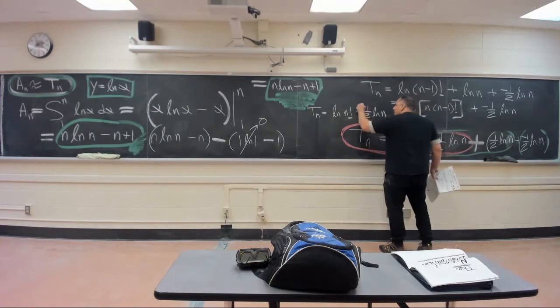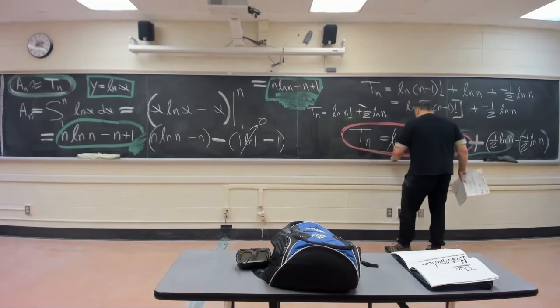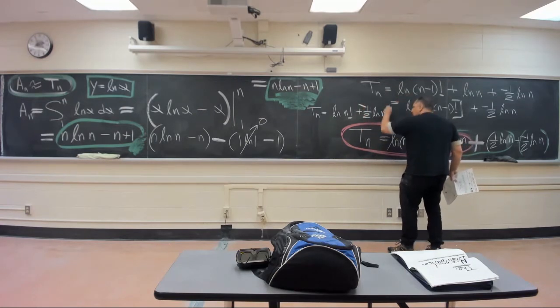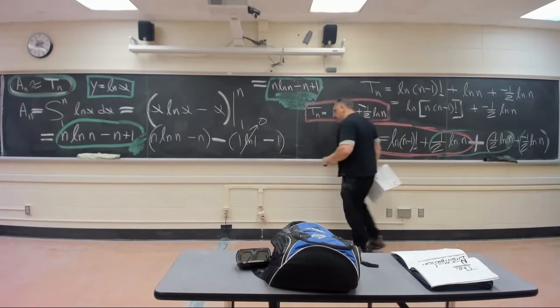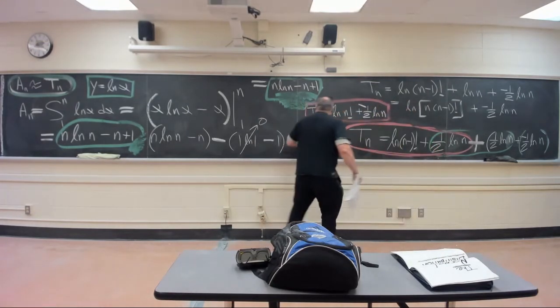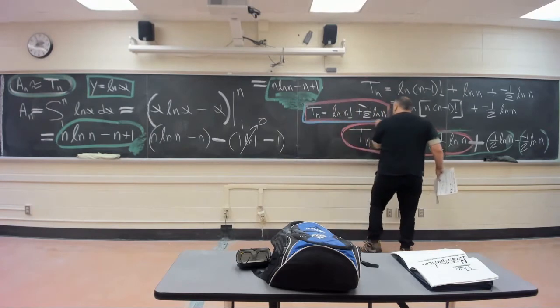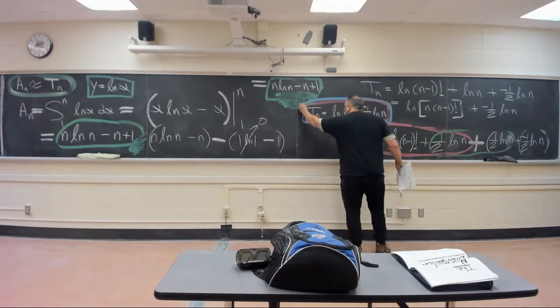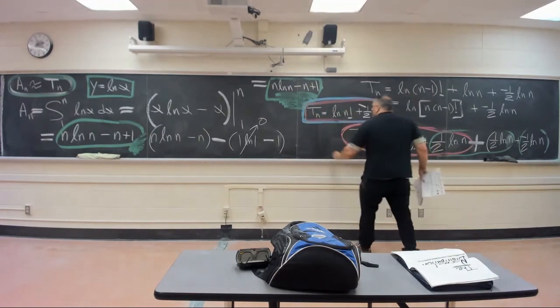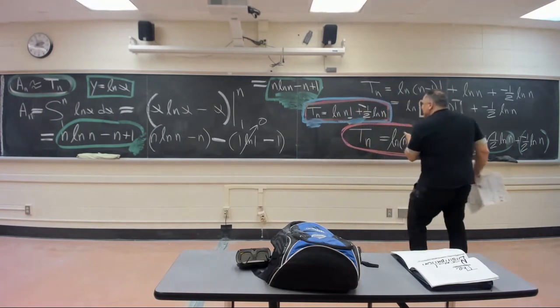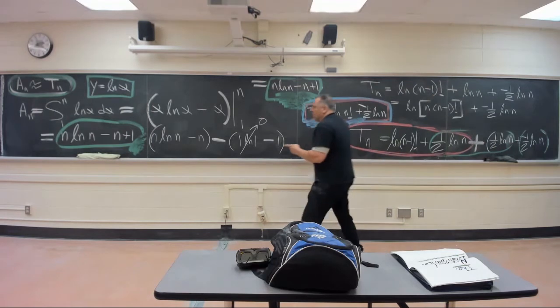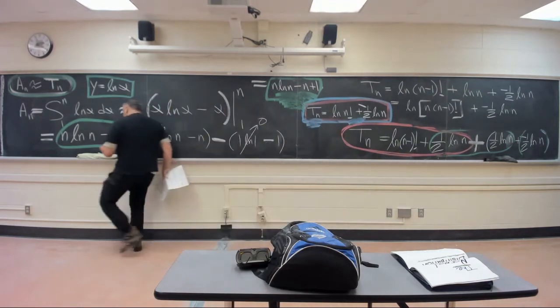All right, we've got a lot. I mean, we've said a lot. Okay, so we're saying this. That's the T sub n approximation. This is the A sub n approximation right here.